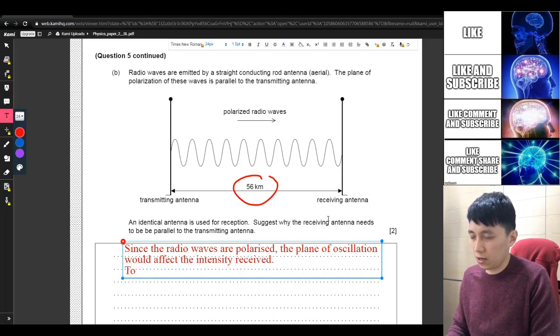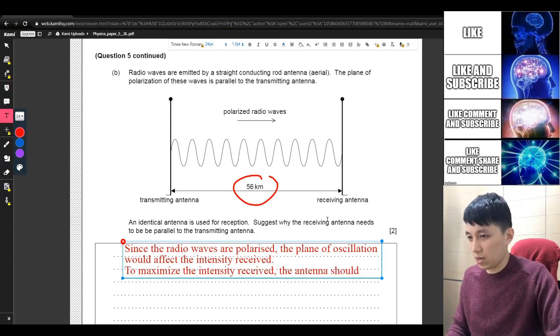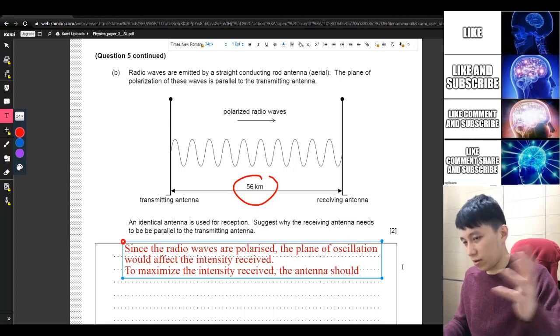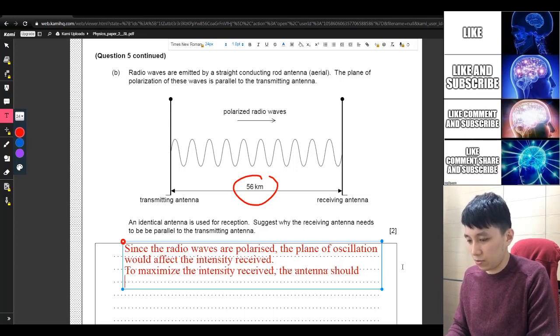To maximize the intensity received, the antenna should, I would say both, well, I think that's obvious, should be parallel to each other.